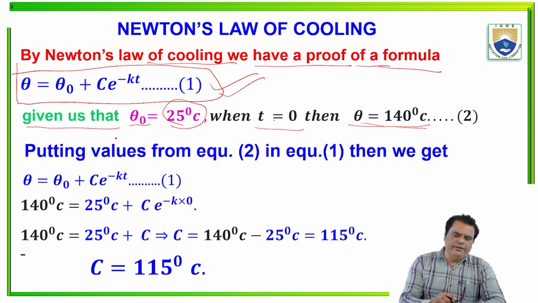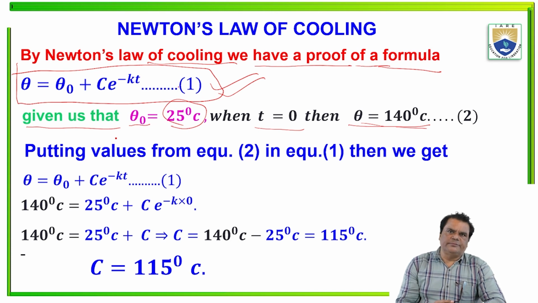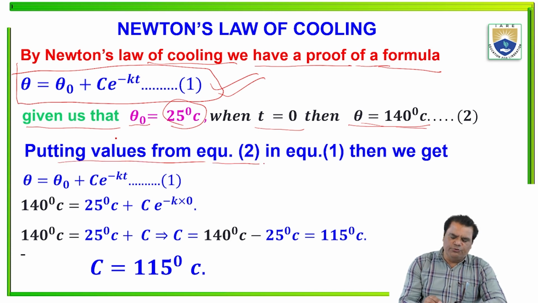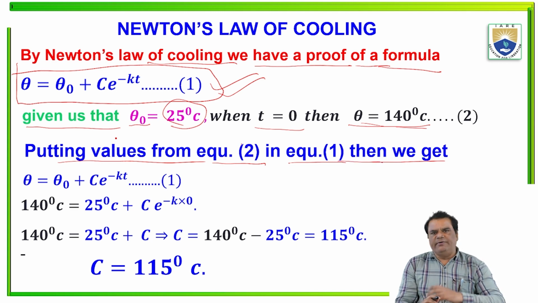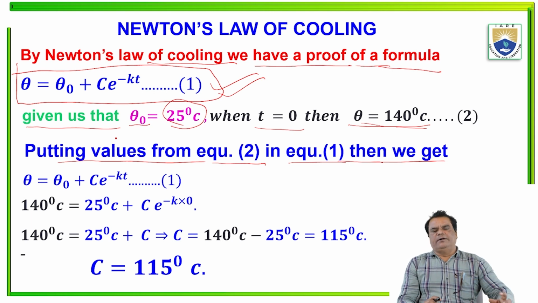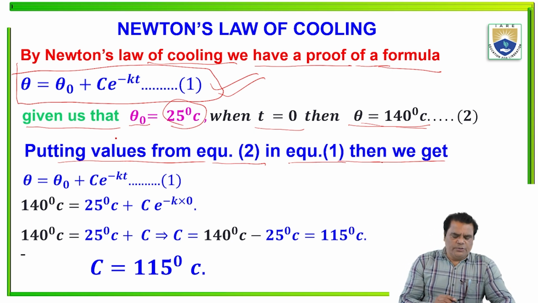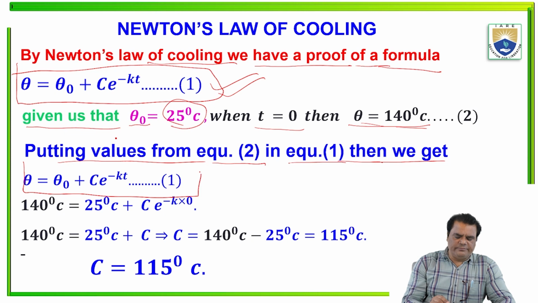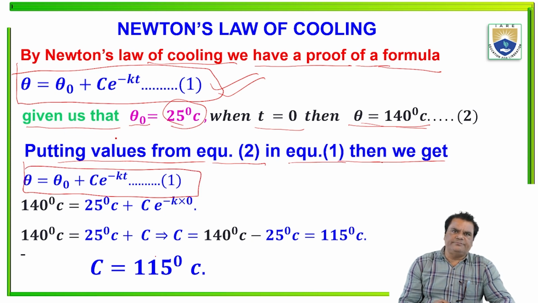These values we put in formula number 1. Putting values from equation 2 in equation 1, we get: theta equal to theta naught plus c e to the power minus kt.